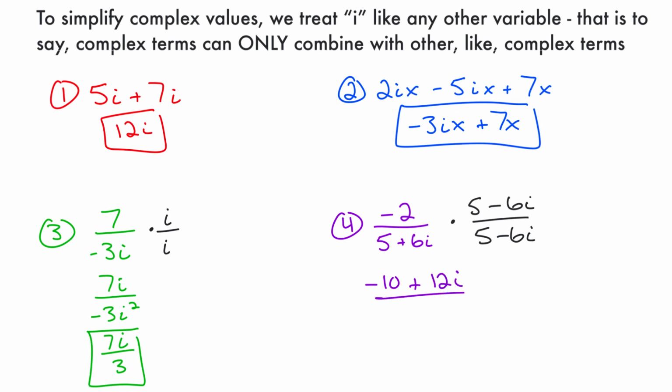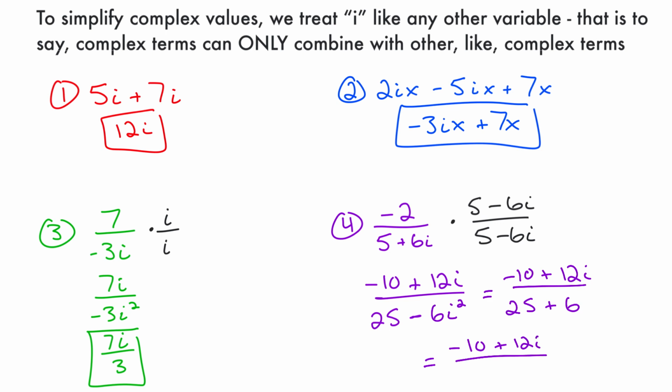But for the denominator, whenever you multiply a binomial by its conjugate, it just turns into the first term squared, which is 25, minus the second term squared, which is 6i squared. That is going to be equal to negative 10 plus 12i over 25 plus 6, which is why our final answer is negative 10 plus 12i over 31.